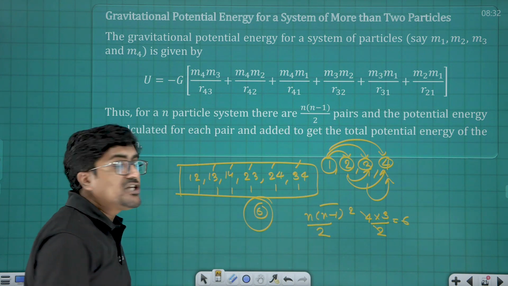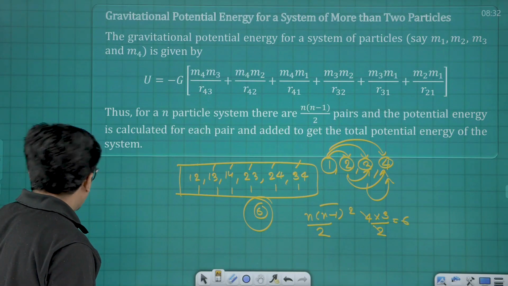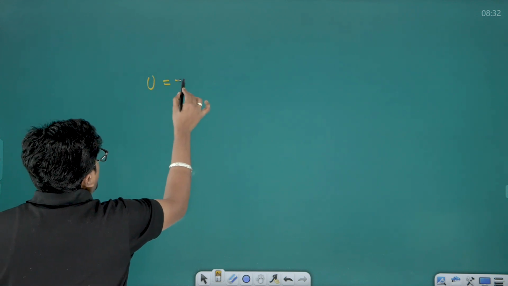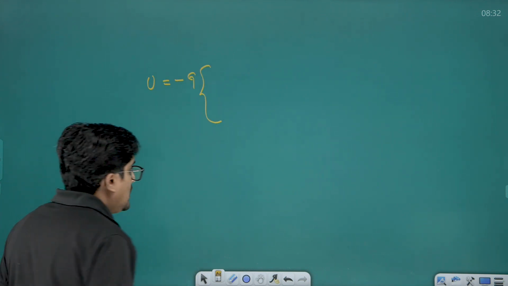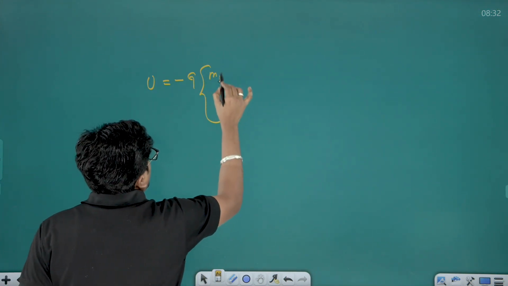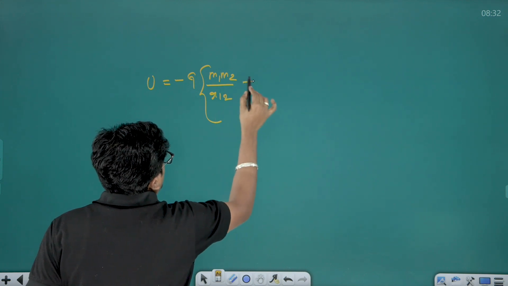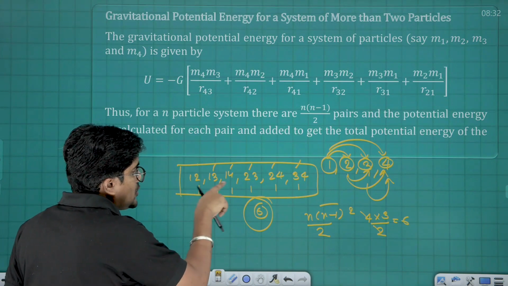Now the potential energy of the system, how you are going to calculate is going to be U equals minus of G, that is common. Alright, so here it was 1, 2, so here you need to go for M1 M2 divided by R12 plus next is 1, 3, isn't it? Here this was 1, 2, 1, 3, 1, 4.